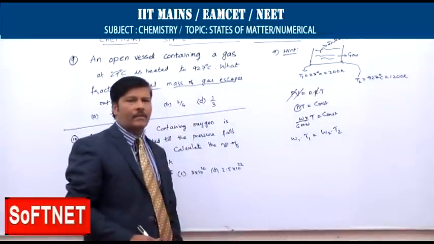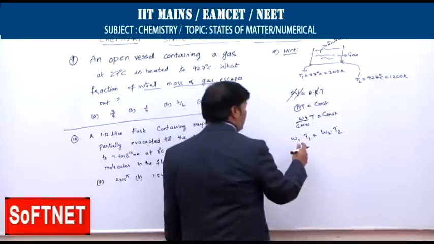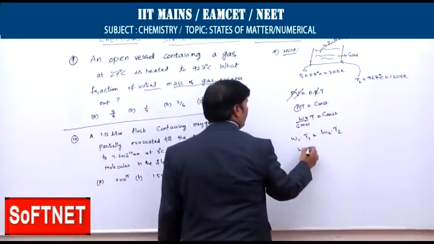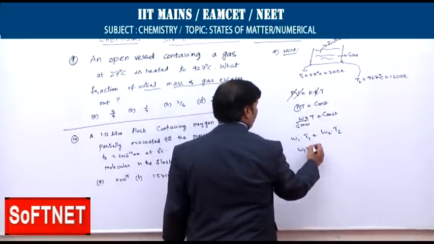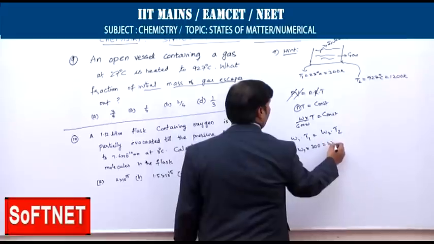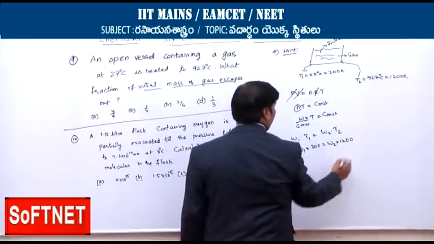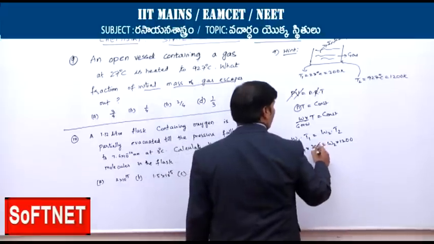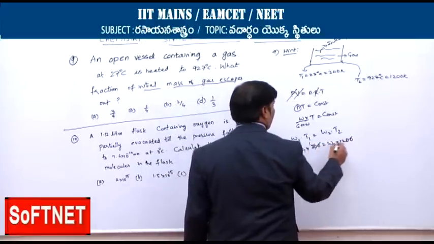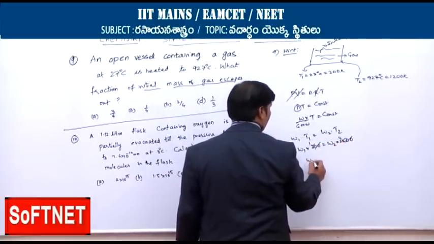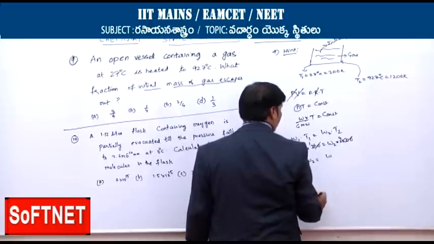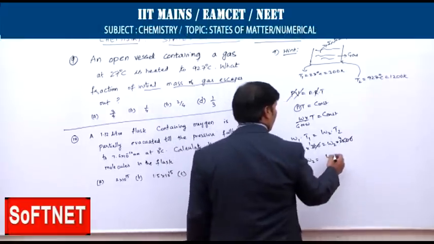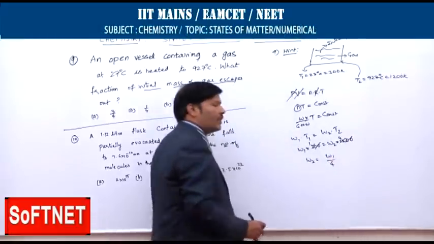W1 into 300 Kelvin is equal to W2 into 1200 Kelvin. So the two zeros get cancelled, and W2 is equal to W1 by 4.